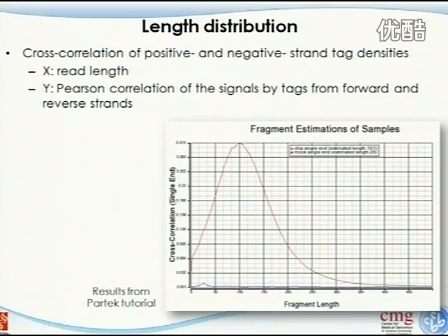If the average length is about 100 base pair, then once you shift 100 base pair, you are expecting to get a perfect correlation of positive and negative signals. So X here is the read length, and Y here is the Pearson correlation of signals by tags from the forward and the reverse strand after shifting by this fragment length.